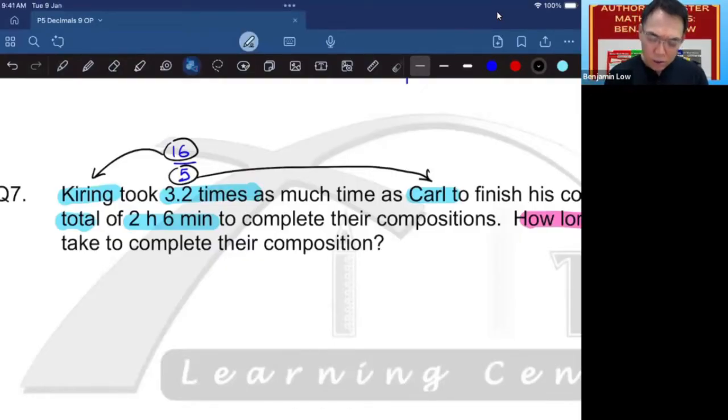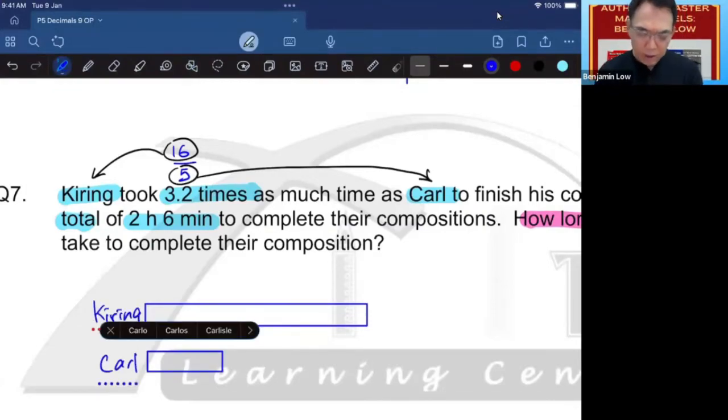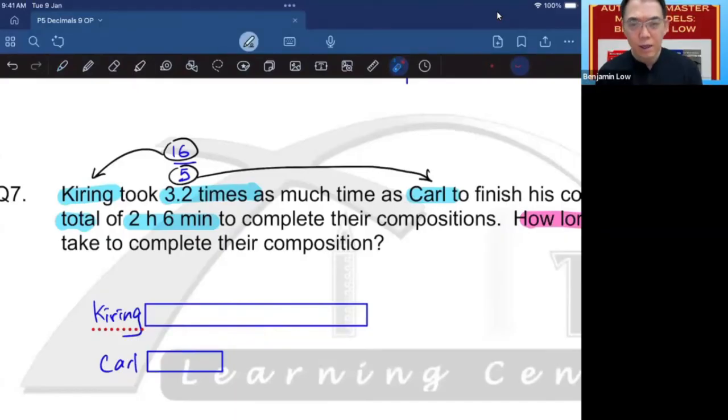So again, we don't have to draw 16 units. We can just draw a box to represent 16 units, and of course a much shorter box of 5 units to represent Carl. Okay, so this is Kiring. All right, now we know that Kiring has got 16 units, so we're going to label that on the model for Kiring.